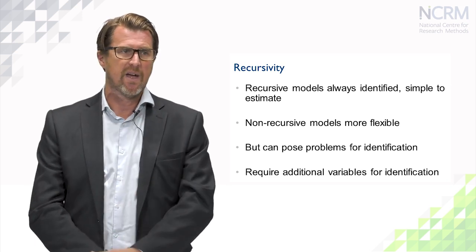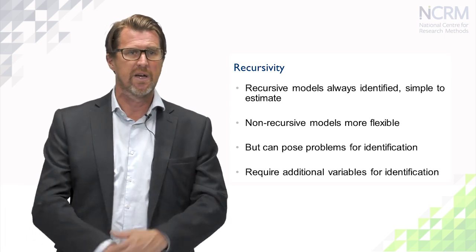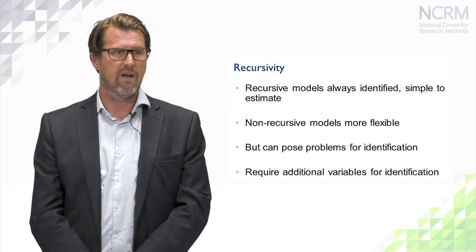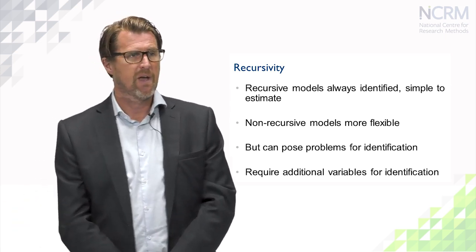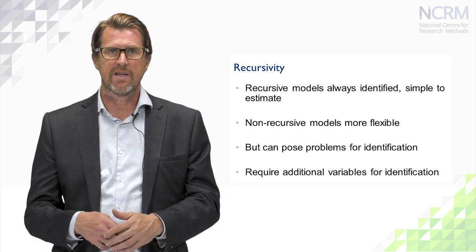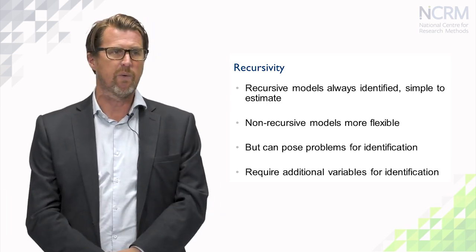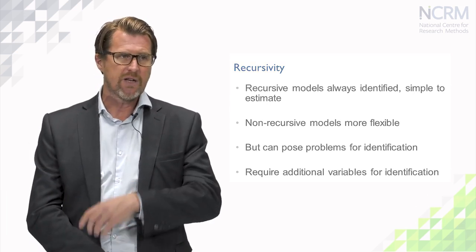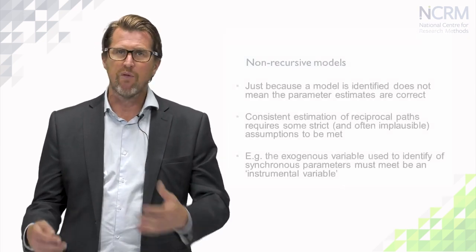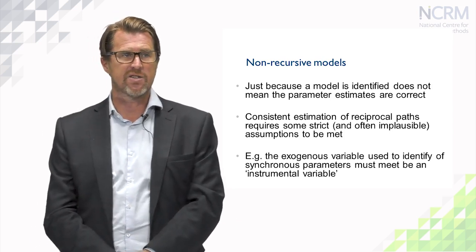We can estimate recursive models using a set of OLS models. But that simplicity is also rather restrictive. It means that we can't estimate the more complex kinds of models that we would often want to. So introducing a non-recursive model means that we have more flexibility in the kinds of model specifications that we can use.